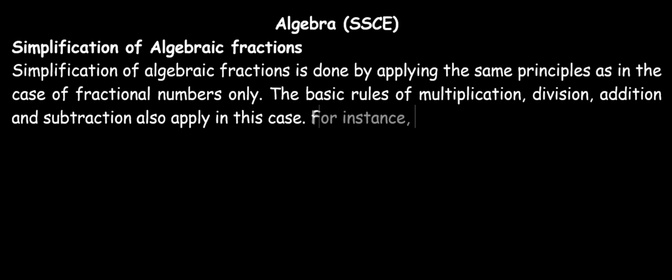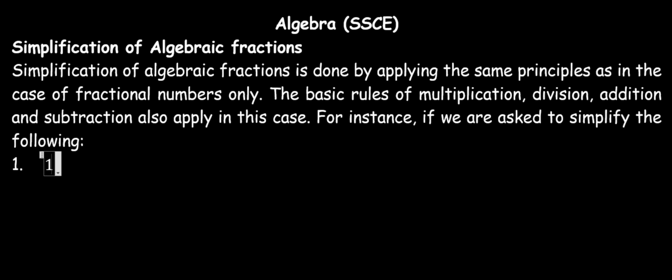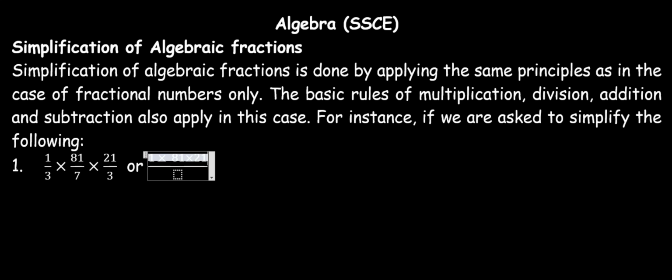For instance, if we are asked to simplify the following: 1 over 3 times 81 over 7 times 21 over 3 is the same as, at the numerator, we have 1 times 81 times 21 divided by 3 times 7 times 3. 2.